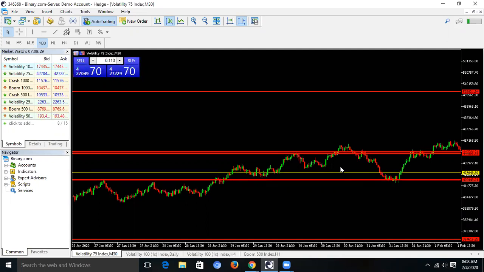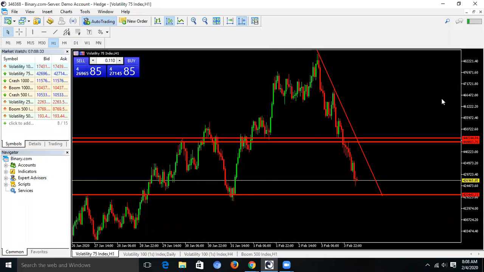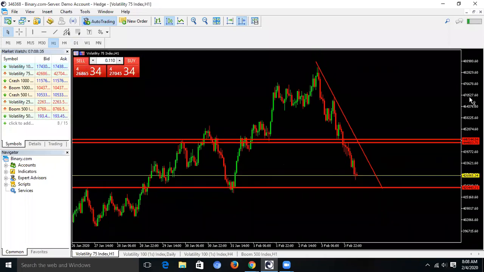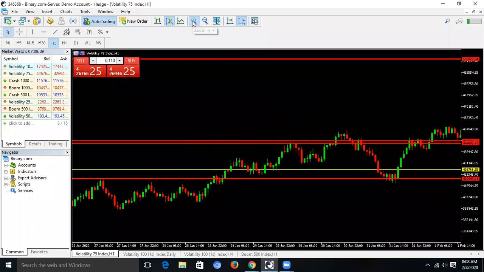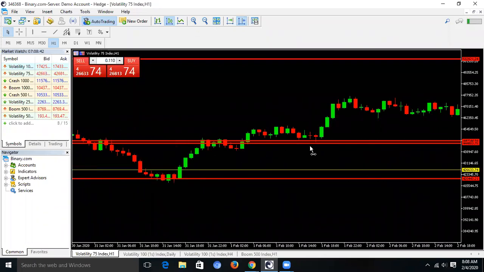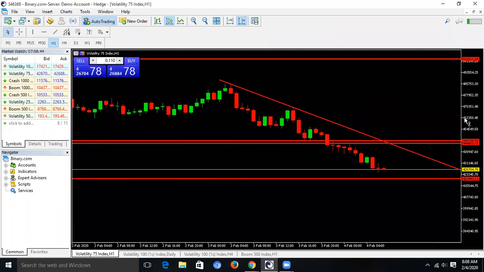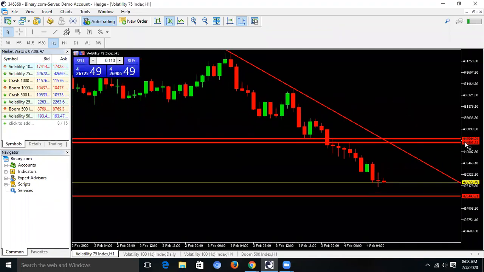But for instance, let me show you now. This is 1 hour, right? Yes. Now this 1 hour shows that the last candle is red, right? Yes. Okay.